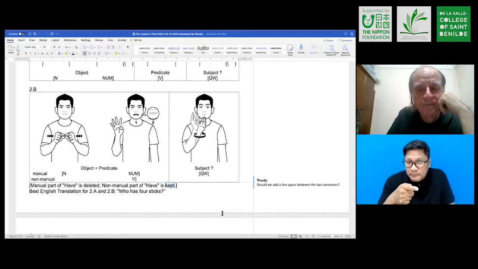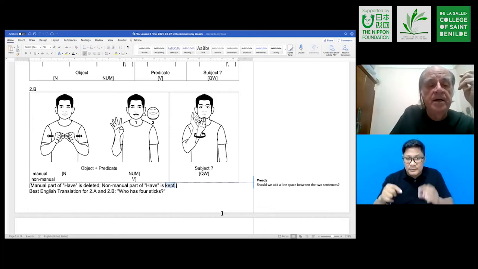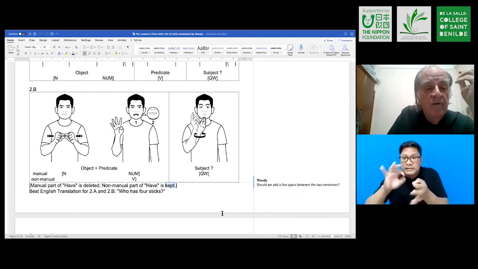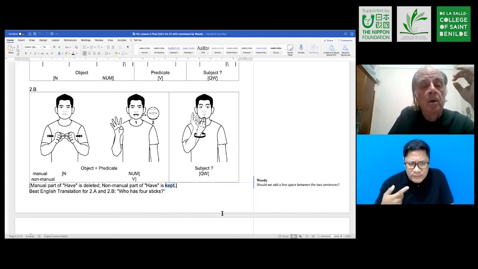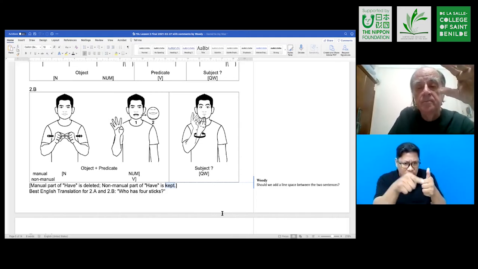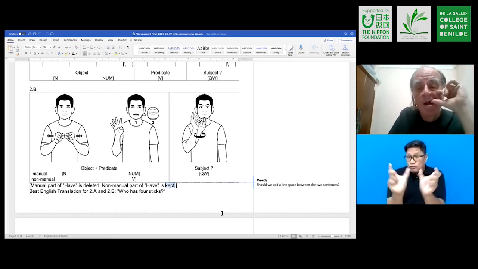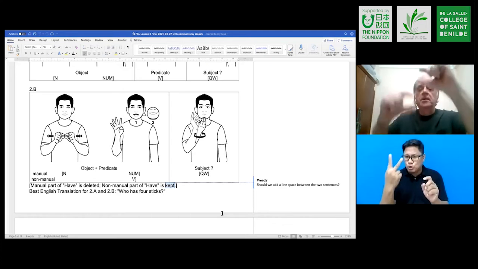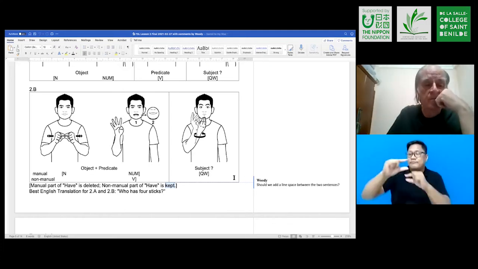And then underneath that it says best English translation for sentence 2A and 2B, who has 4 sticks. It's fine the way it is, but you want to put a space between those 2 sentences. Space, vertical space, yes.